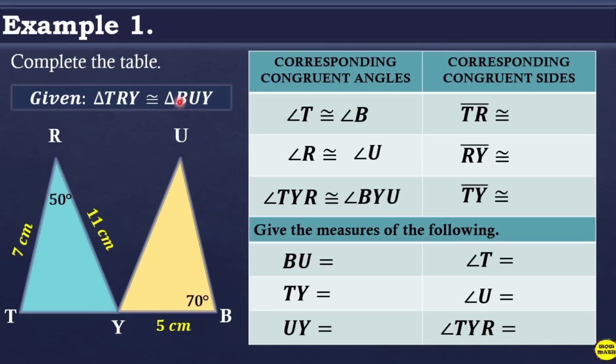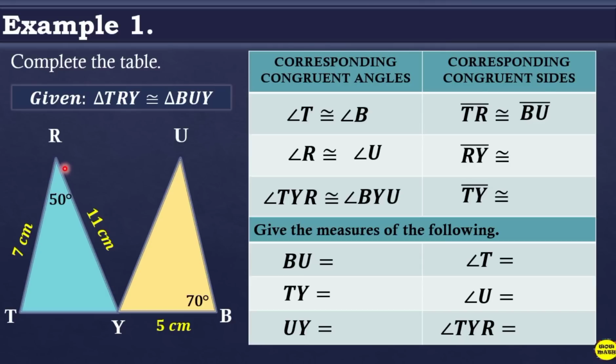You can use the congruent statement to check if your corresponding congruent angles are correct. Angle T, first vertex, angle B; angle R, angle U; and then angle TYR, BYU. Next, for our corresponding congruent sides, TR is congruent to BU.